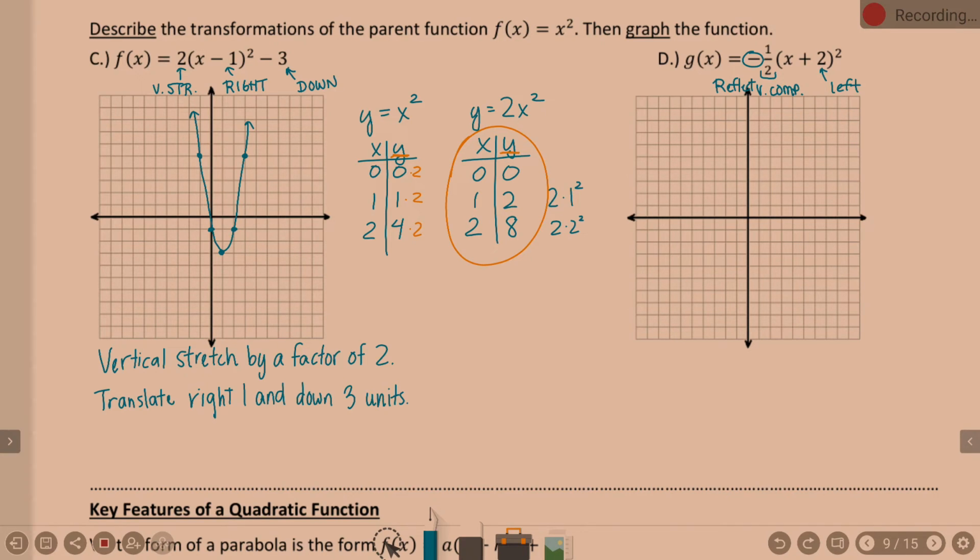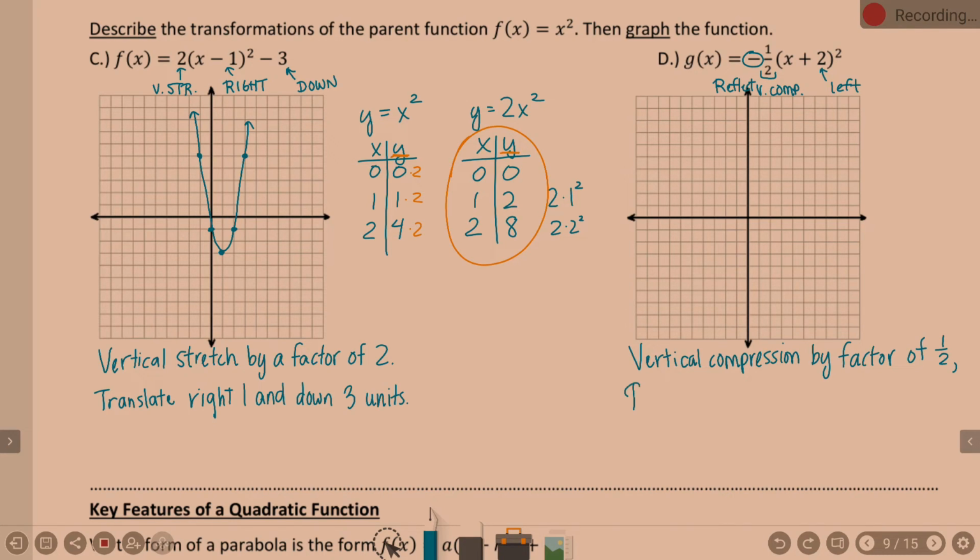So write it all out. I should have been writing as I went here. Would it be a factor of 1/2 or just -1/2? It's going to be a vertical compression by a factor of 1/2. The negative is the reflection. So: vertical compression by a factor of 1/2.